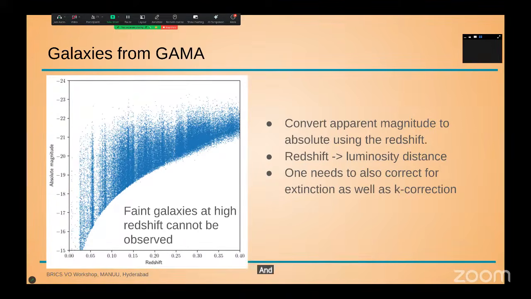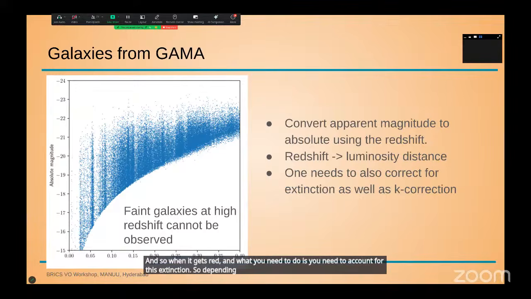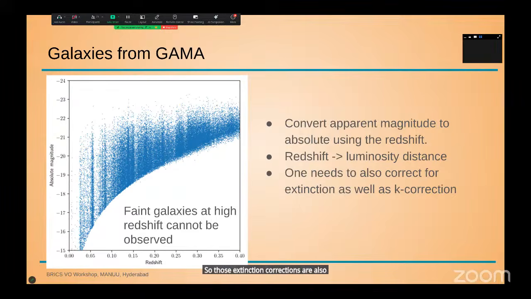So you need to account for this extinction. Depending on where in the sky the galaxy was, there will be some amount of dust, and you need to correct for that extinction. Those extinction corrections are already given in the GAMA survey data, so we will use them and correct things.